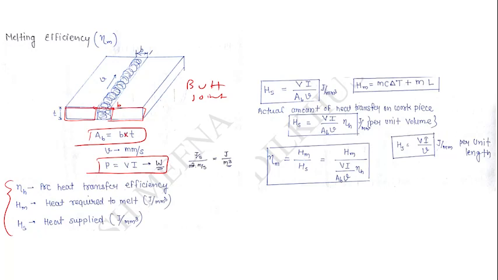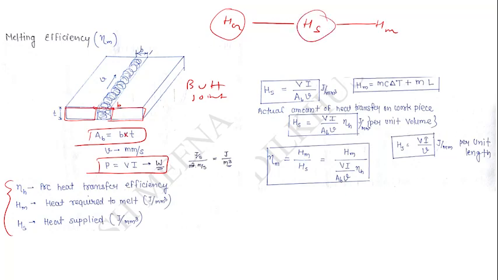So what are those? What is happening here is that there will be one heat generation, that is your heat generated. Then there is the heat that will be supplied to your workpiece that should be melted. And there is one heat which is required to melt it. Not all the heat which is generated will be supplied, right?